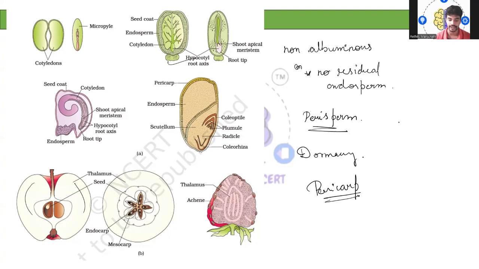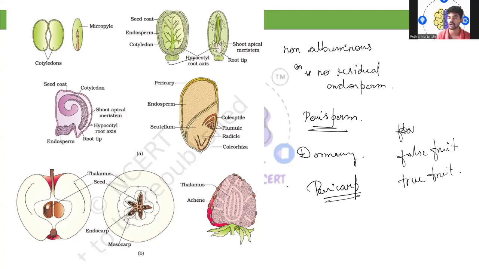Another point is we have two types of fruits here: false fruit and true fruit. The thalamus also contributes in the fruit formation.